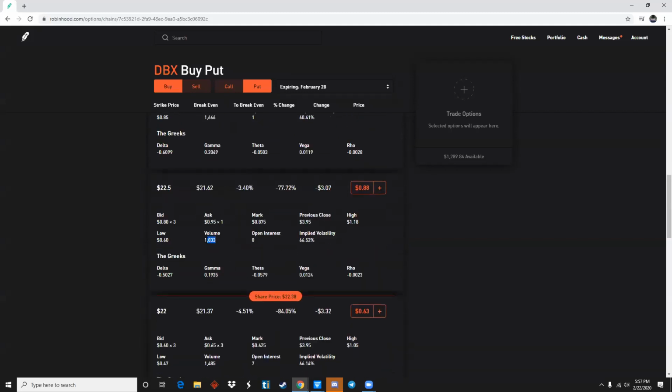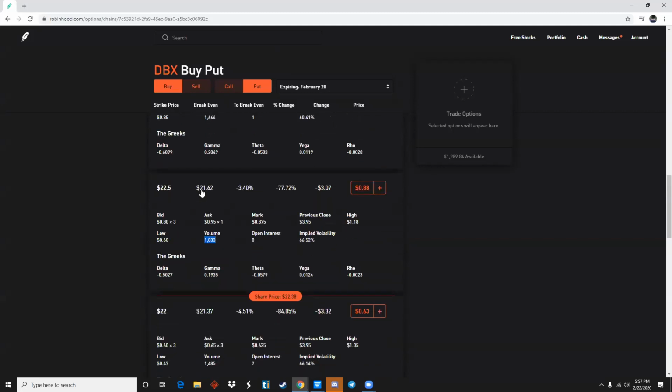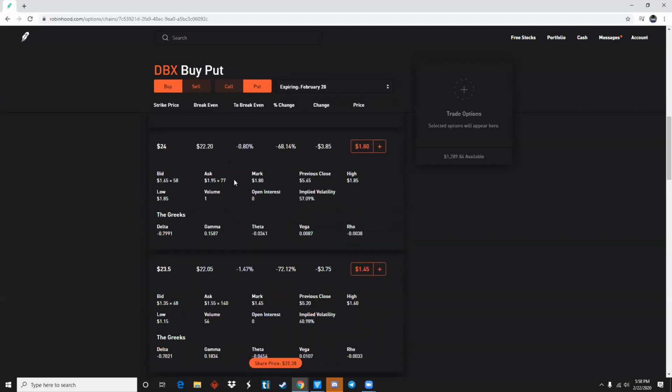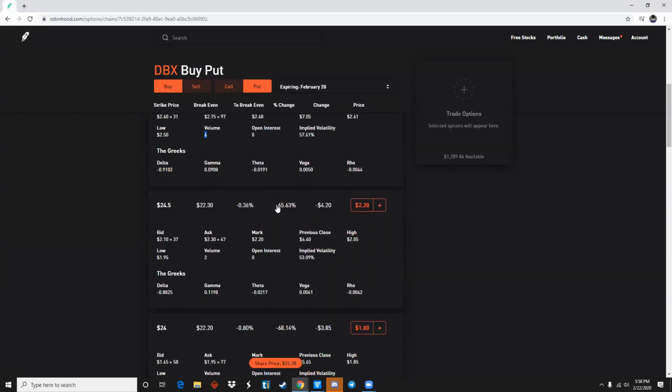So you want to be playing ones where the volume is near that current stock price. You see how much more interest came when it became literally right on top of it, versus playing way out here where you got next to no volume. It's like playing an OTC stock with 6,000 shares that traded that day. That's it. It's not attractive.